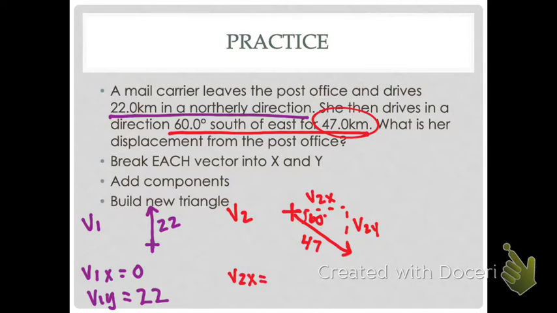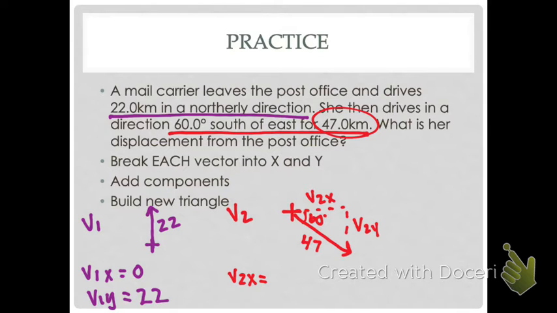So V2x, am I going to use sine or cosine? If x is right here, tell me first of all, is it opposite or adjacent? The x side, as compared to this angle, is it opposite or is it adjacent? It's adjacent, so I'm going to use cosine to help me do that.